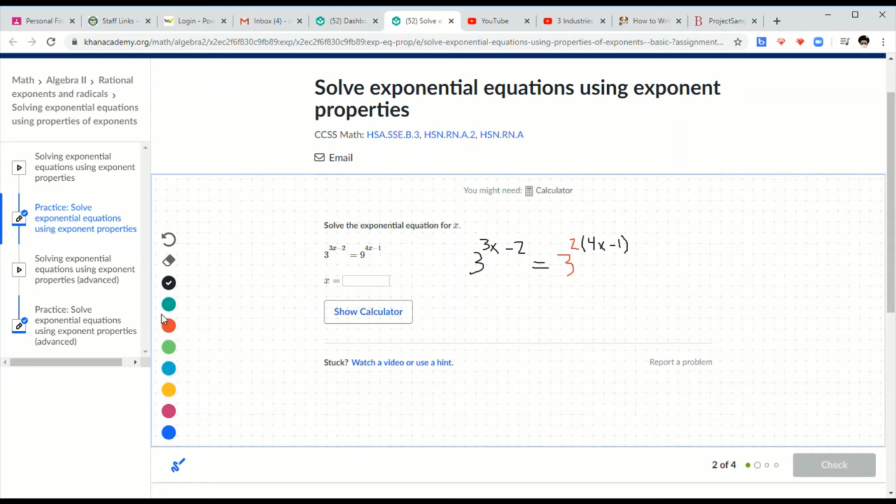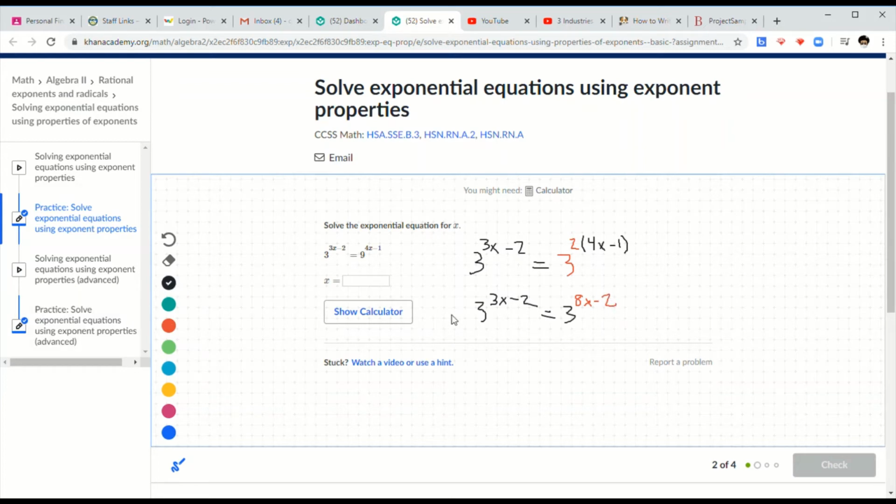So I'm going to distribute the 2. We're going to keep this stuff over here, and I'm looking at now 8x minus 2.